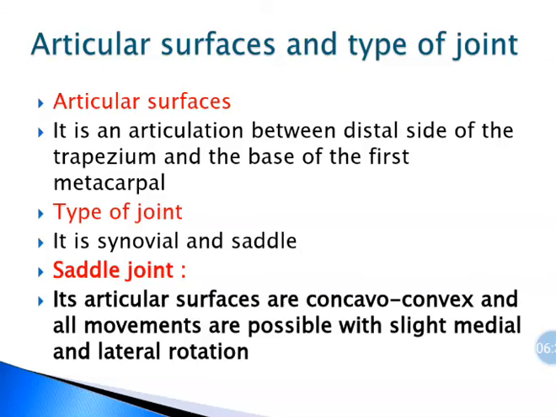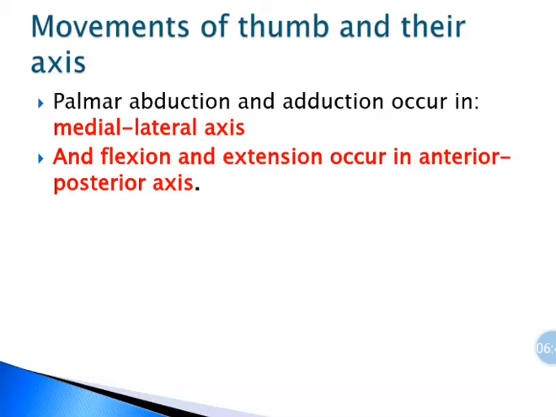That is flexion, extension, abduction, adduction, and medial rotation and lateral rotation are also possible, but they are slight. Coming to movements of thumb and their axis. In the thumb, palmar abduction and adduction occur in medial lateral axis, whereas flexion and extension occur in anterior posterior axis.